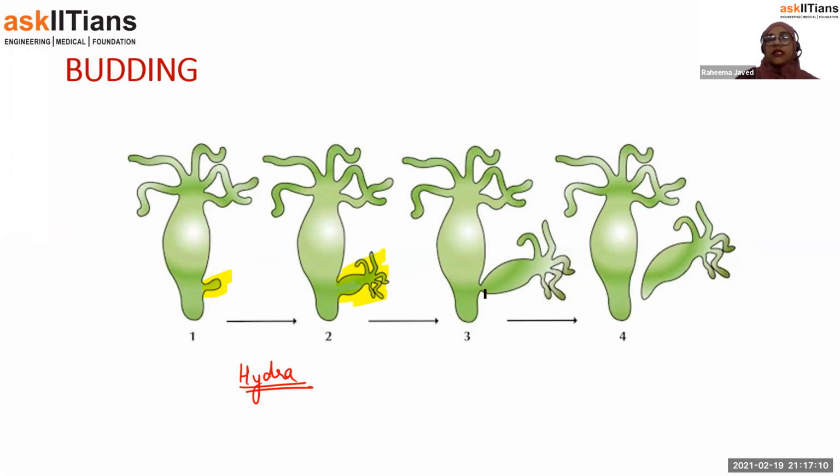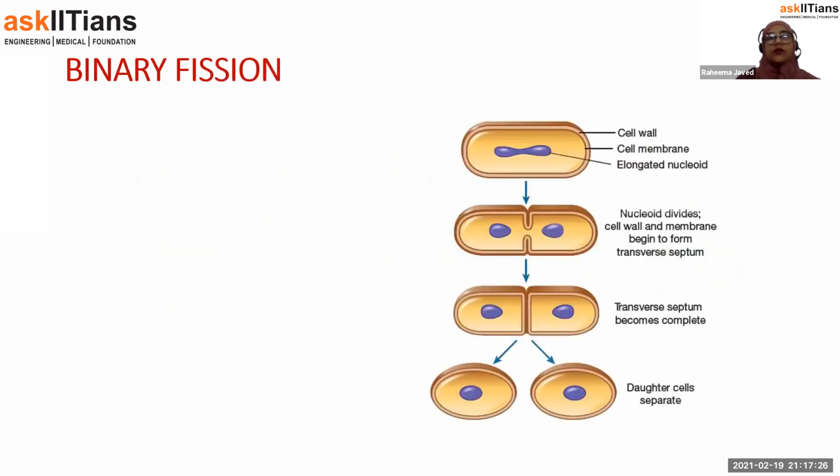Okay, it finally grows off so that it can get cut off and develop into a completely new individual. So whenever you are asked what is a bud, you can simply answer that it is just an outgrowth on the parent's body. Okay. Let's move on to the next process, that is binary fission.